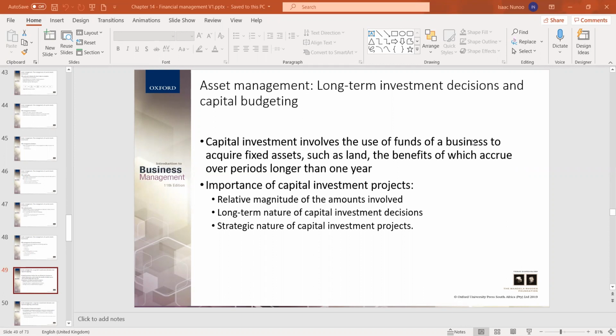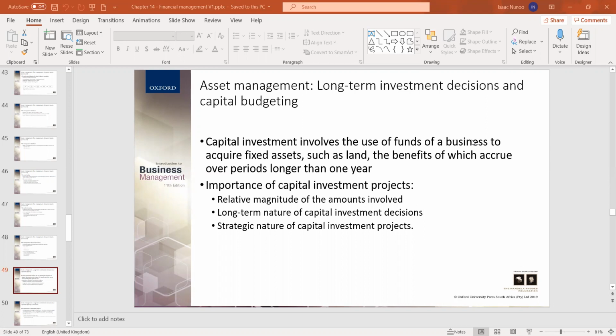Now, the importance of capital projects is reflected by the following three factors: the relative magnitude of the amount involved, the long-term nature of the capital investment decision, and the strategic nature of the capital investment project.